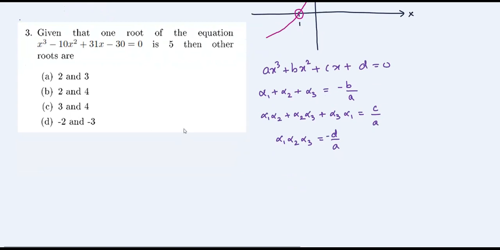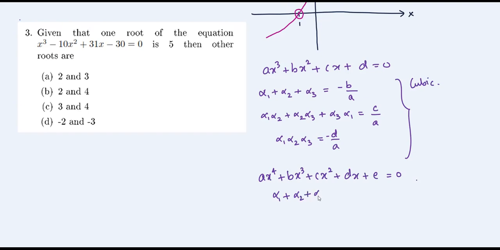Of course, this is a cubic equation. We should know for a biquadratic, 4 roots. So sum of the roots, again, will be minus b by a, minus coefficient of x cube by coefficient of x power 4. Product of roots taken 2 at a time, 4c2, you will get 6 terms basically.